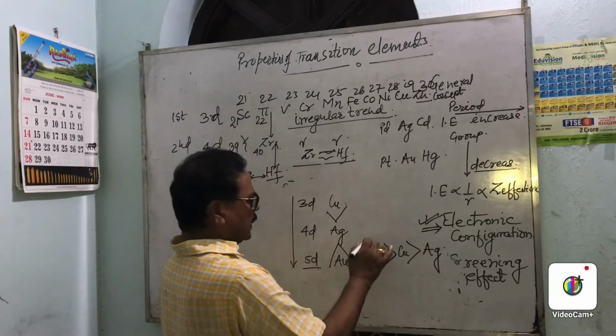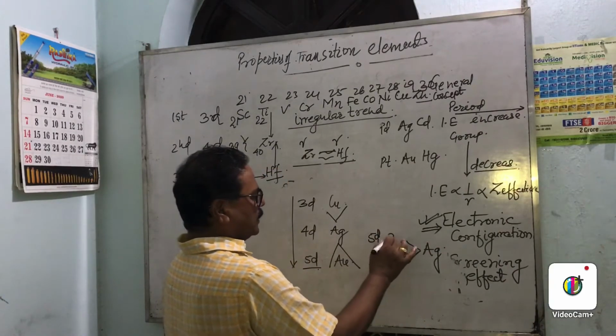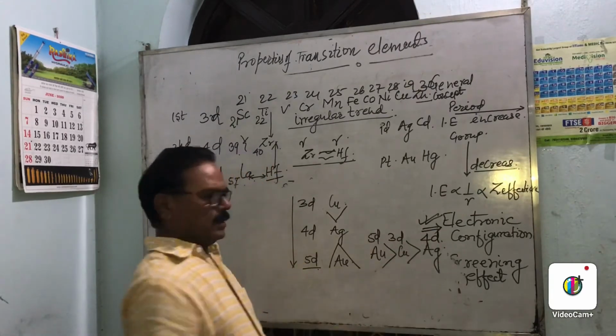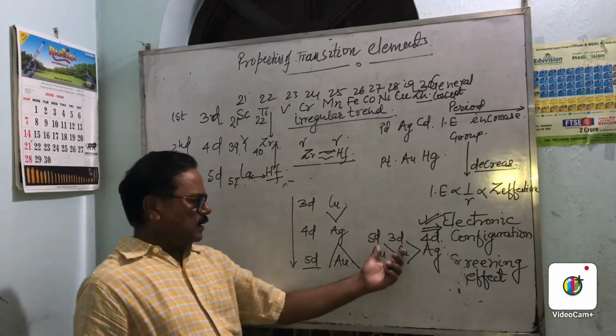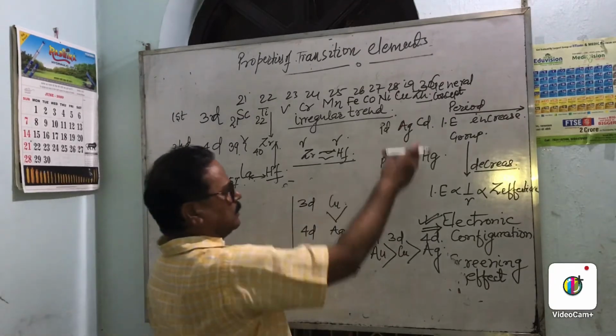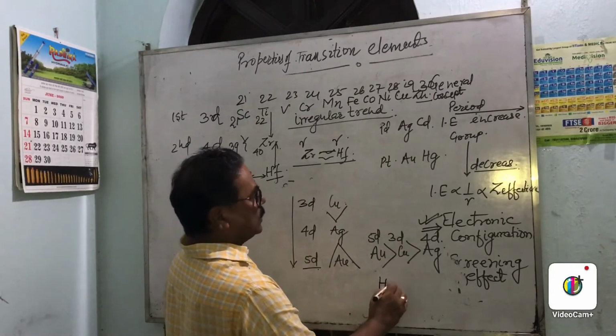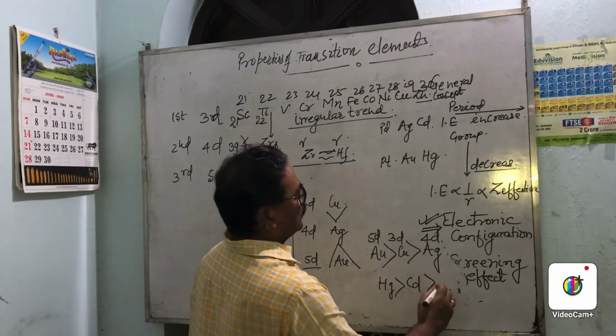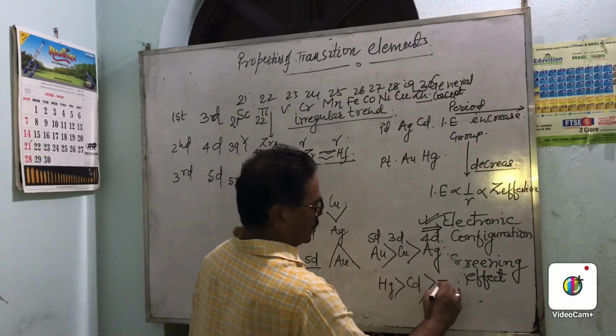So it is written as 5d, then 3d, then 4d. So it is not general. This is exceptional in some cases. Similarly it will follow for mercury, and similarly cadmium, and similarly zinc.